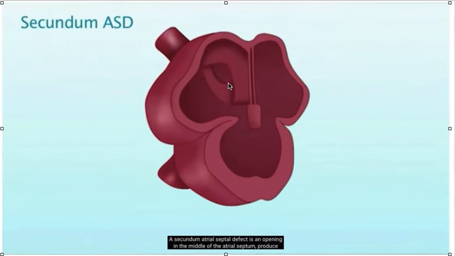Right. So secundum ASD, or the atrial septal defect, is an opening in the middle of the atrial septum, right? That is called the atrial septal defect, in which a tiny hole is left in the septum.